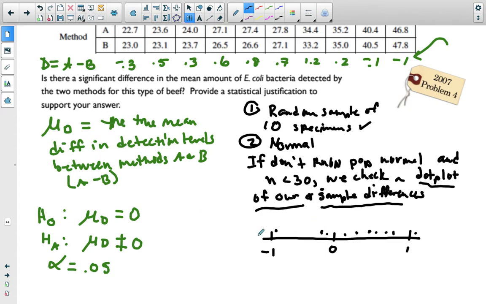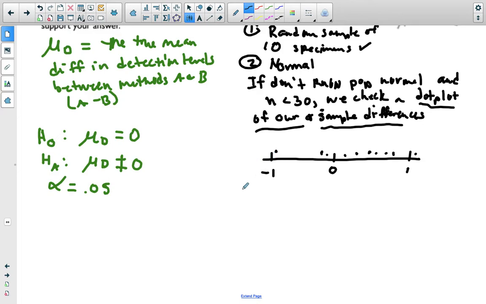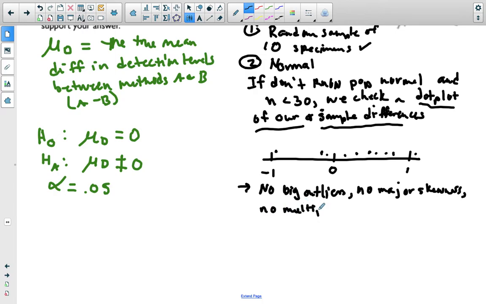So you've got to explain how you use this. There are no big outliers, no major skewness, no multiple peaks. We talked about peaks: a normal distribution only has one peak right in the center.